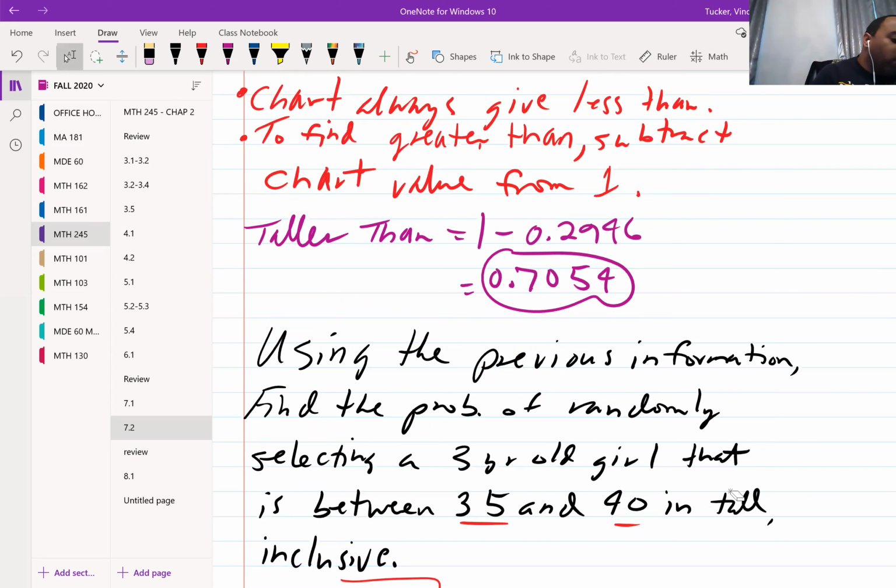All right, so using the previous information, find the probability of randomly selecting a 3-year-old girl that is between 35 and 40 inches tall, inclusive. So once again, there are 3 scenarios that we're going to come across when it comes to the Z-score application: less than, greater than, and then between.